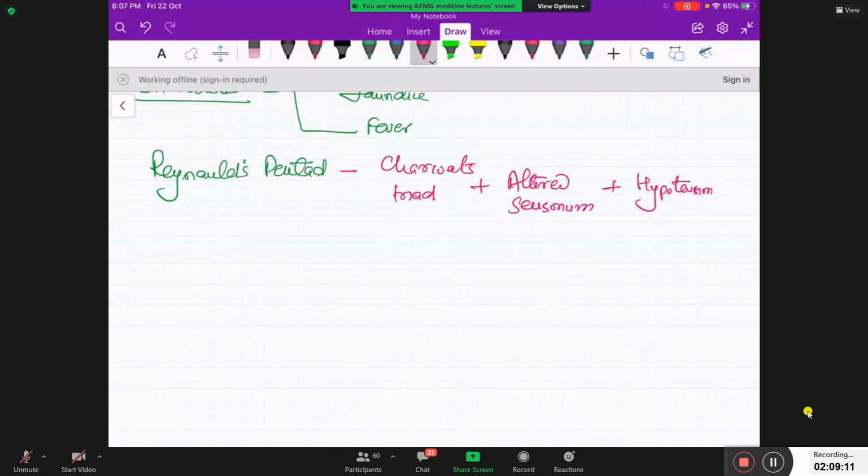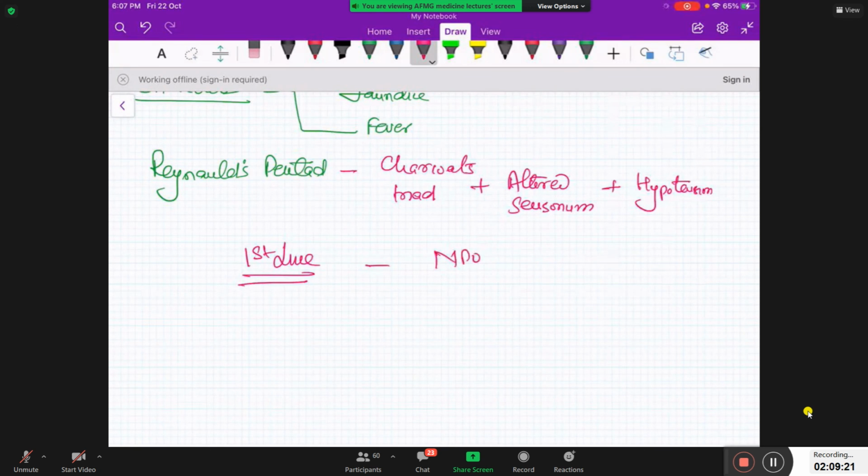Now, can you tell me what is the first line of management in such patients? Nil per oral, IV fluids, IV antibiotics, and IV anti-inflammatory drugs.